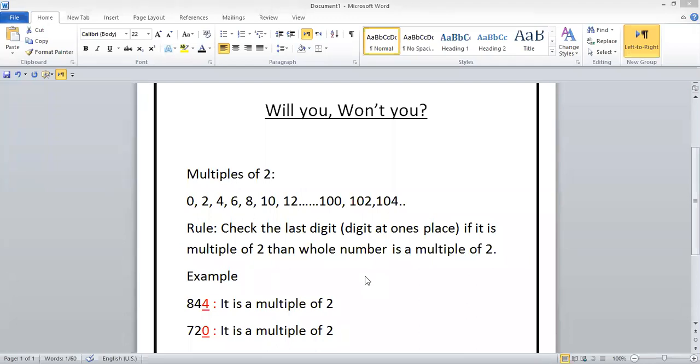Guys, you have to write this in the notebook. I am asking for the number 450. Is it a multiple of 2?